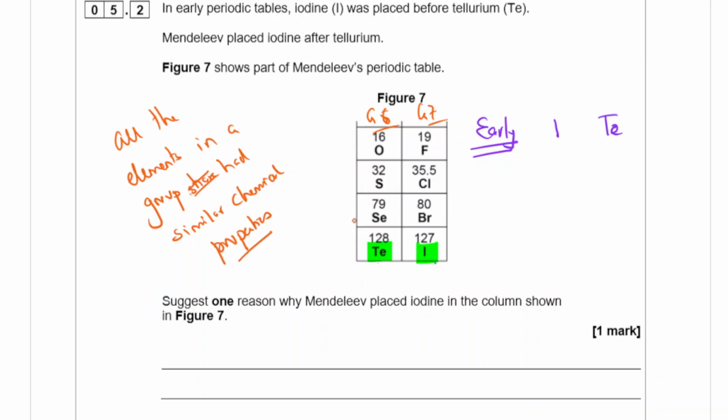Meaning that, for example, in group 1, they all react with water, right?